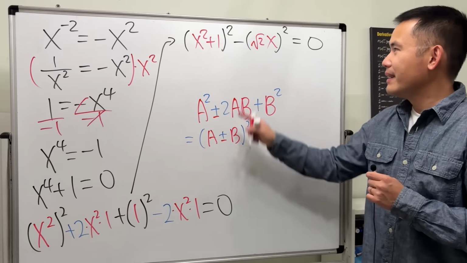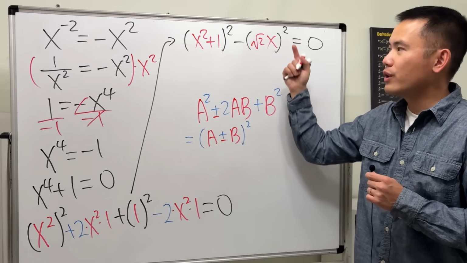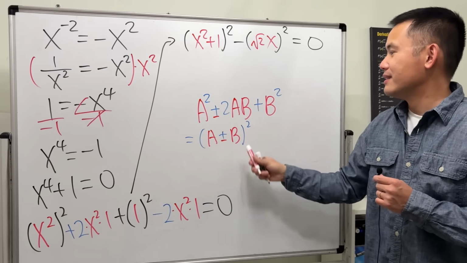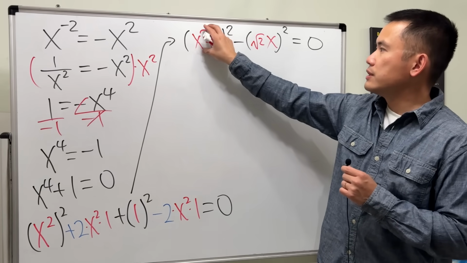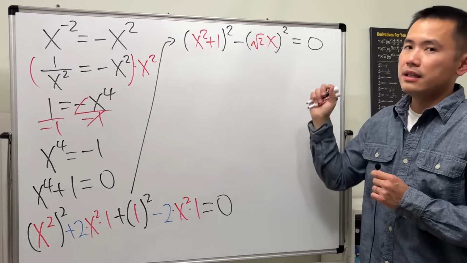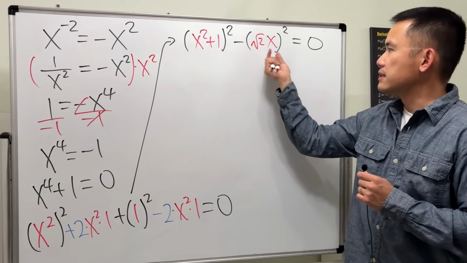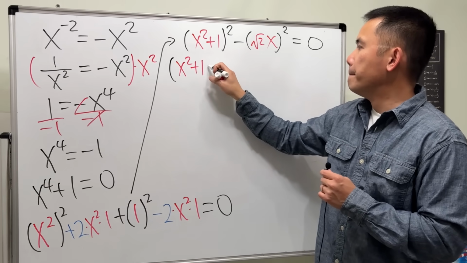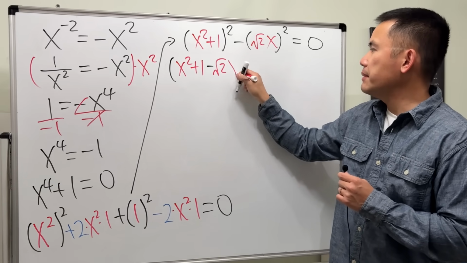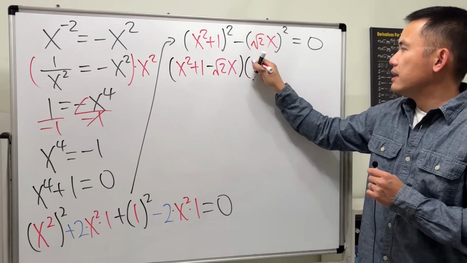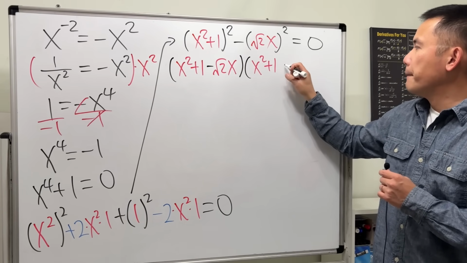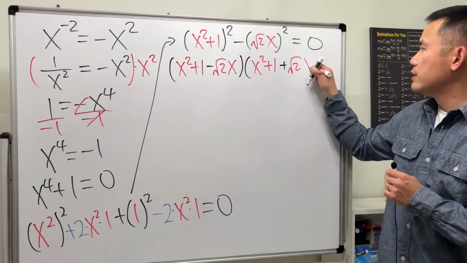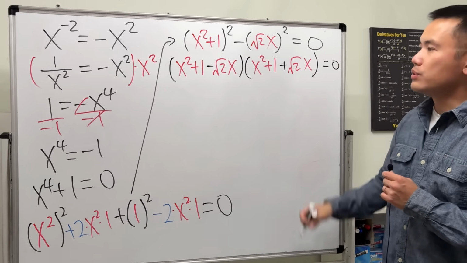Very nice, huh? And we have a difference of two squares now, which is going to be much better. Now to factor this is just the first minus the second times the first plus the second. So we will have x squared plus 1 minus square root of 2 times x, and then x squared plus 1 plus square root of 2 times x, and now it's equal to 0.